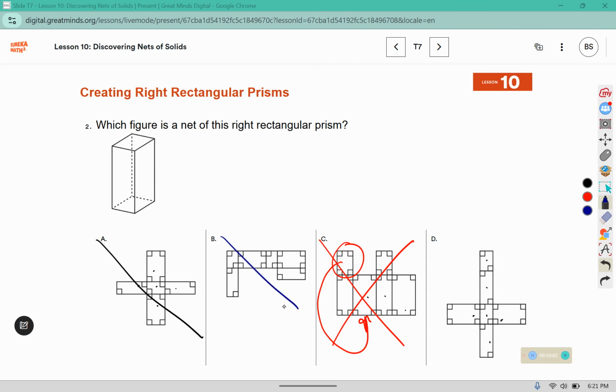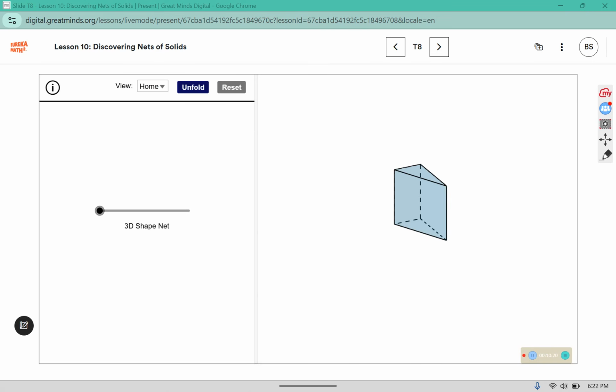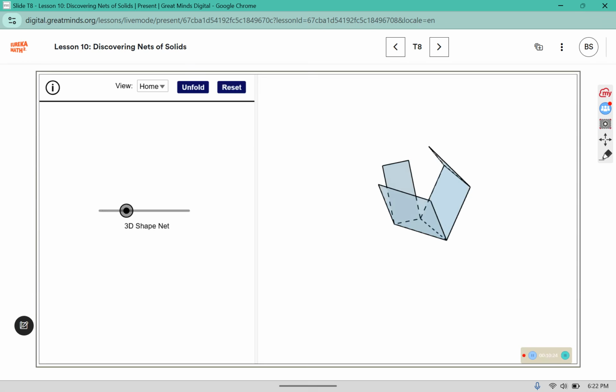This one is also not a net of this figure. We would have an overlapping part from these pieces here. But D does create a net of this solid. Here's an example of a triangular prism turning into its net.